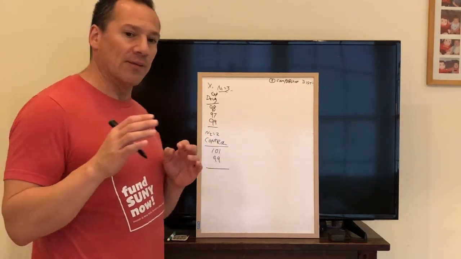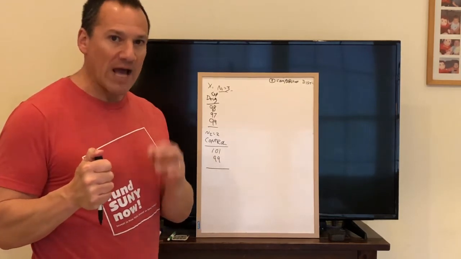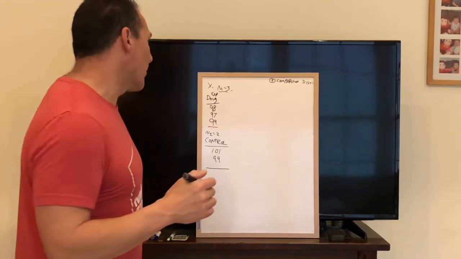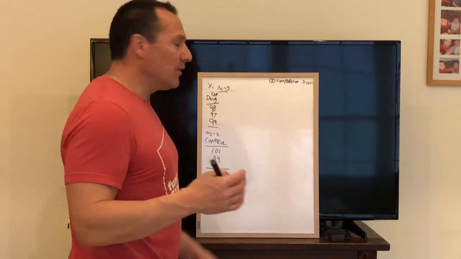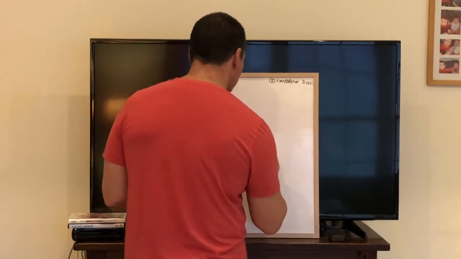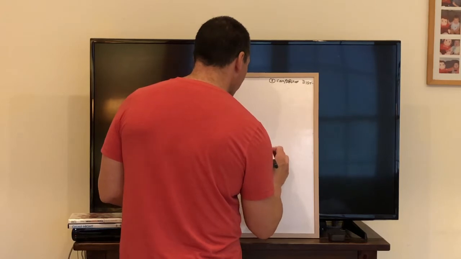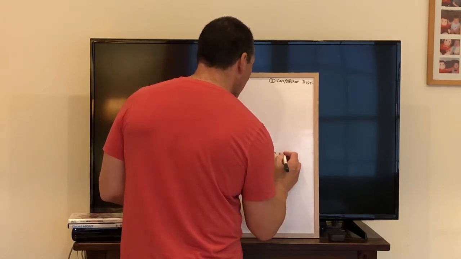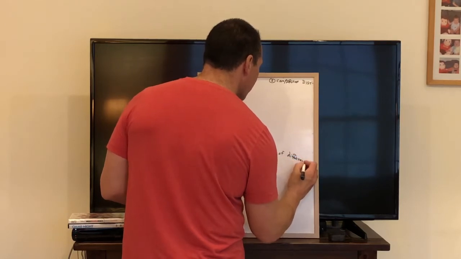It is described in more detail in the textbook if you really want a very granular summary of the comparison distribution. In short, the comparison distribution is what we call a distribution of differences between means.